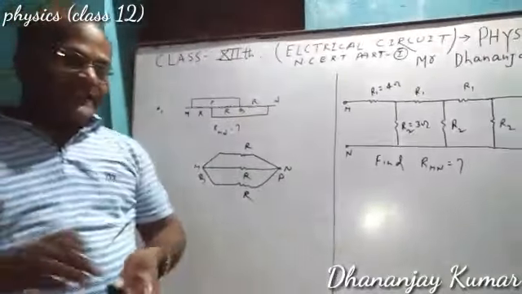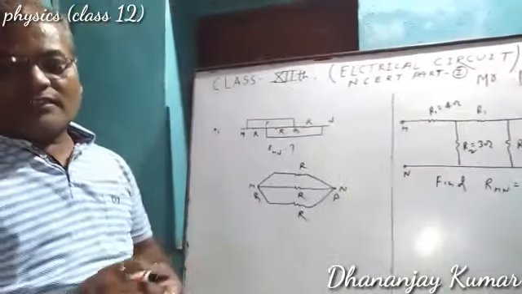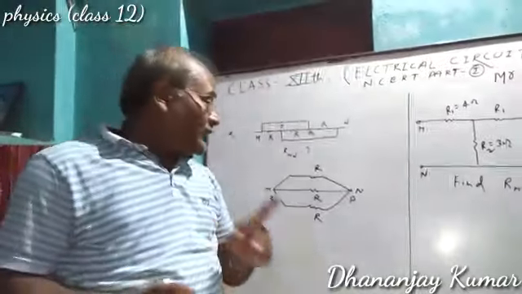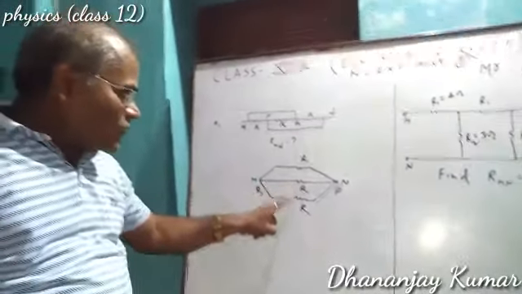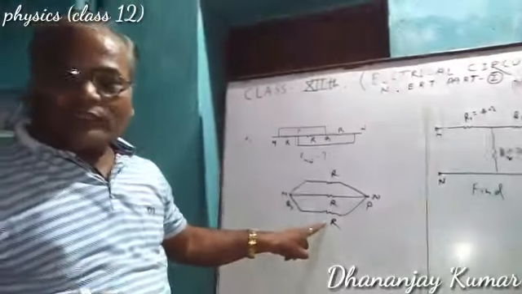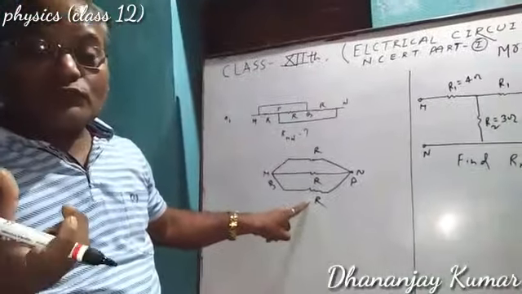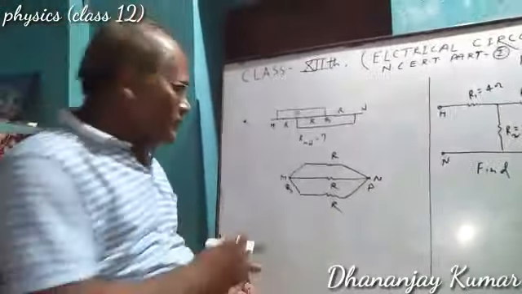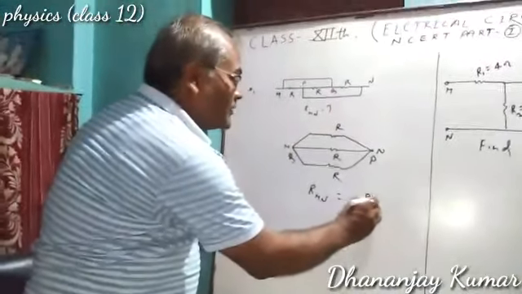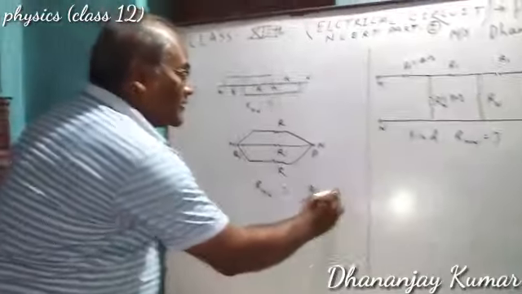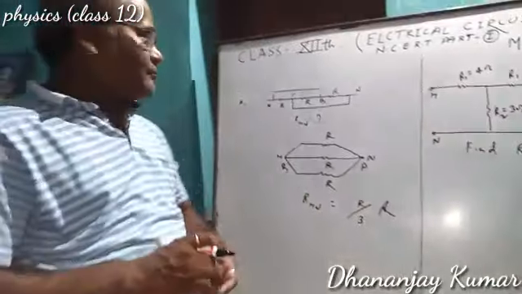We see clearly these three resistances are in parallel, and I already discussed in the previous class: for n equal resistances connected in parallel, the equivalent resistance decreases n times. And so clearly Rmn will be equal to R by 3. It is the required answer.